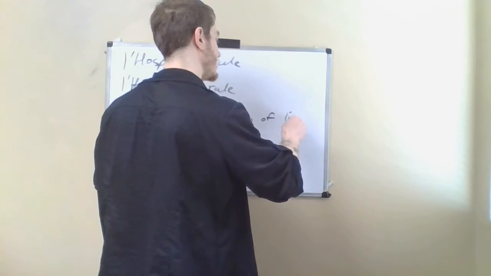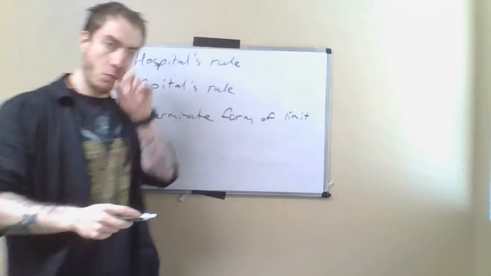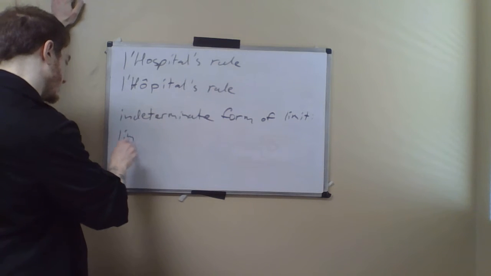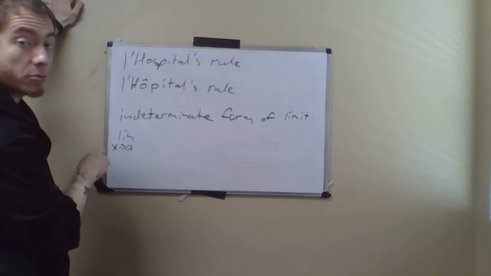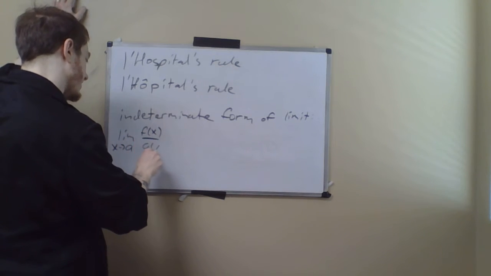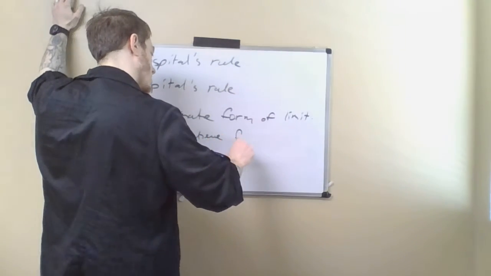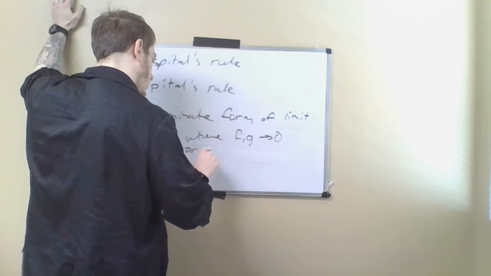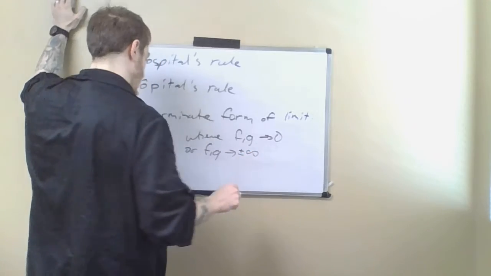So what is an indeterminate form of a limit? Well, it is something where we have the limit as x approaches a, including possibly plus or minus infinity, of f of x over g of x, where f and g are both approaching 0, or f and g are both approaching plus or minus infinity.